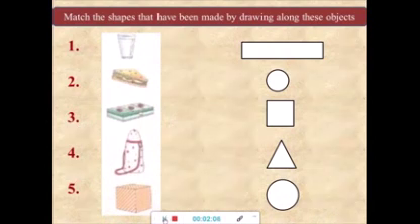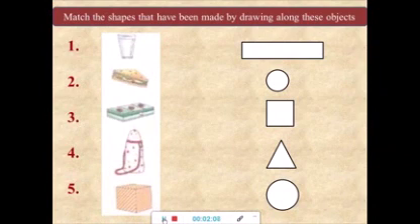It is a circle. So, in the same way, we have to complete this matching by matching the shapes that have been made by drawing along these objects. Come on, let's do it.